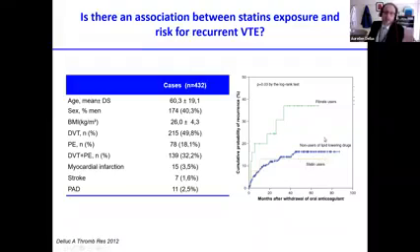Maybe their recurrence rates would be between fibrates and non-use of lipid-lowering drugs. So this was a small cohort, only 432 patients.